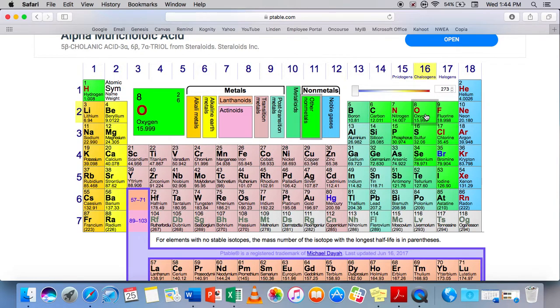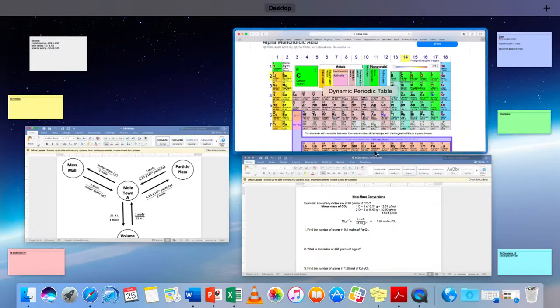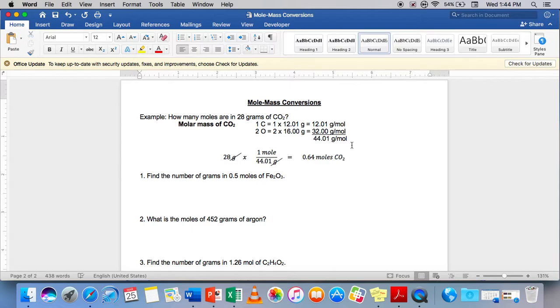One thing to note, molar masses are usually given in 2 decimal places. So even though, for example, carbon is 12.011, start getting into the habit of only putting 2 decimal places, so 12.01. So I multiply my element's atomic mass by however many I have. I have 1 carbon and 2 oxygens.